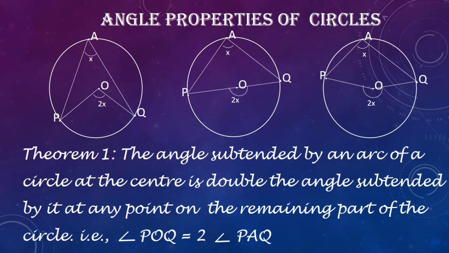That means, the angle subtended by an arc of a circle at the center is double the angle subtended by it at any point on the remaining part of the circle. That is, angle POQ is equal to 2 angle PAQ.